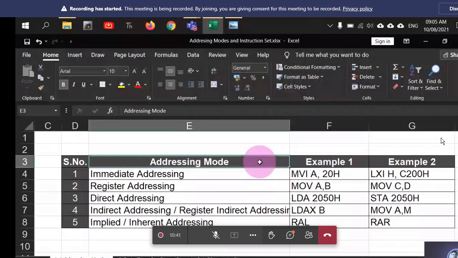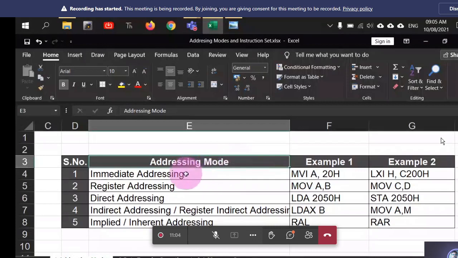So if your instruction in 8085 is dealing with some kind of data, then where you bring the address of that data from is what we mean by addressing mode. Accordingly, it is classified into one of the five categories that you see here. Addressing mode is of five types.